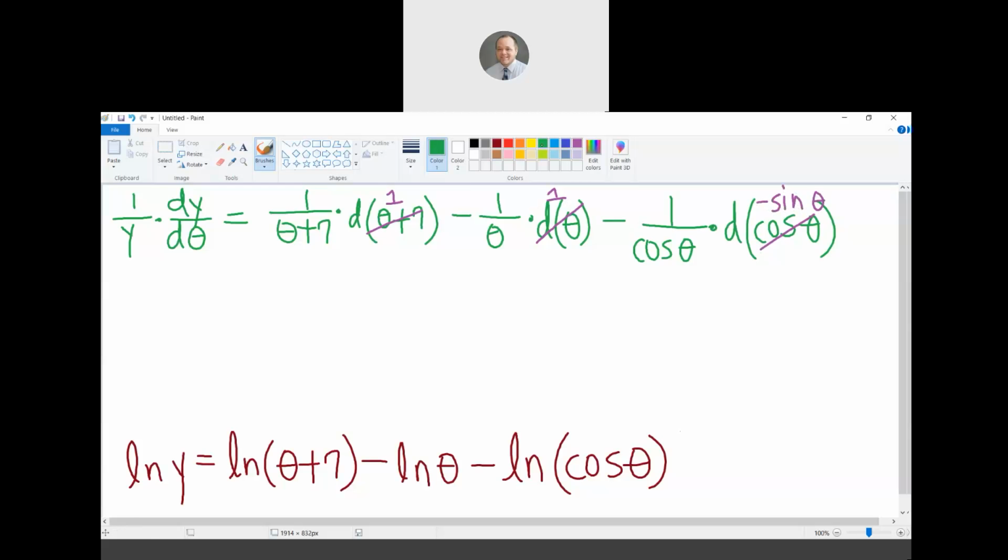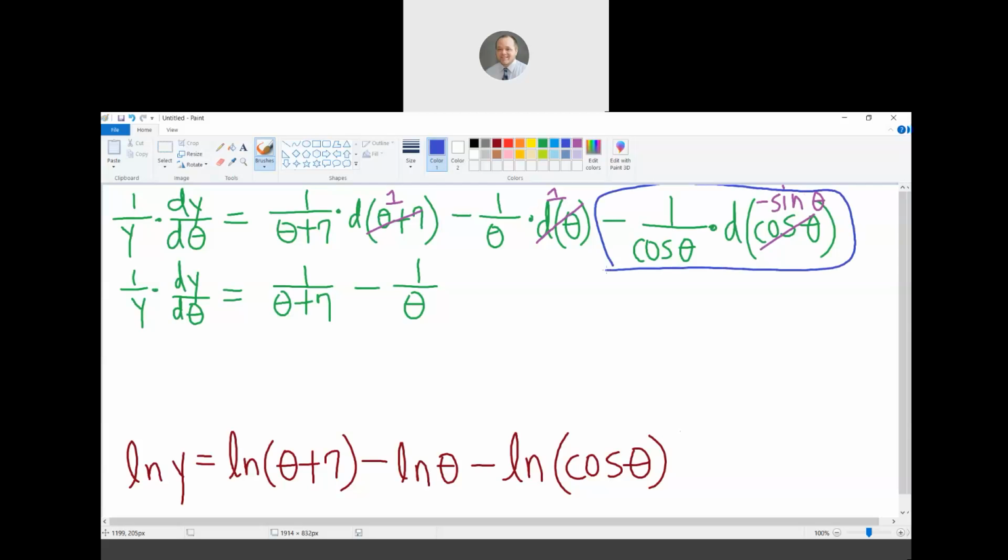So let's put everything together. 1 over y times dy d theta equal to 1 over theta plus 7 minus 1 over theta. And over here, we're going to simplify just a bit further.